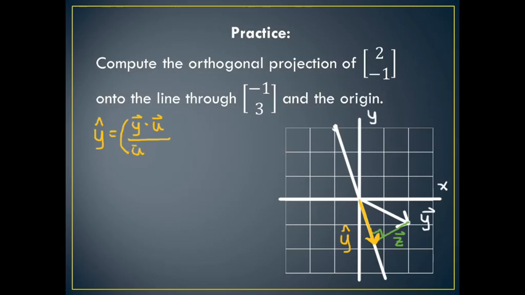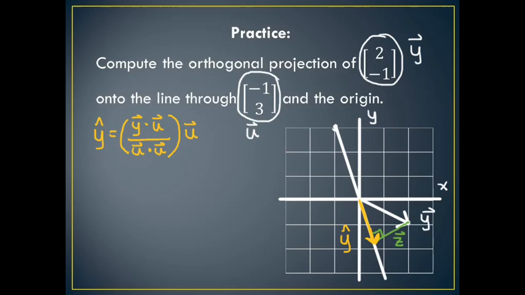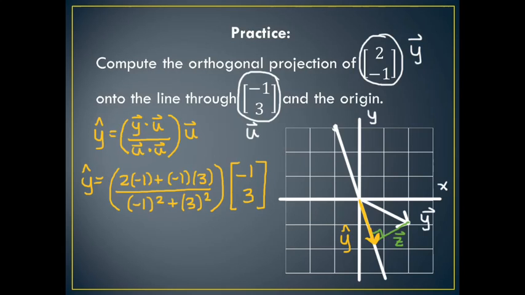Okay, now I have the formula y hat equals y dot u over u dot u times u. So I'm just going to go ahead, here's my y, here's my u. I'm going to go ahead and do the dot products. So y hat equals 2 times negative 1 plus negative 1 times 3 over u dot u times u. So I plug in all the numbers, and now I just simplify.